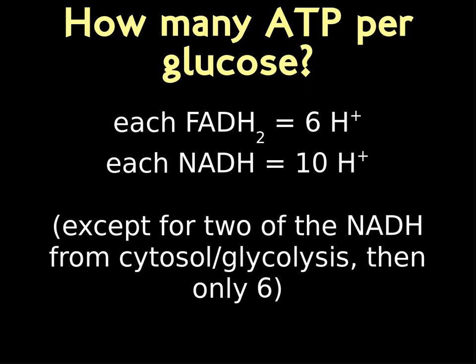Where is it going to get used? You have to transport it against this concentration gradient from the cytosol into the mitochondria, and that's going to require energy. So some of the energy that you would otherwise get from this NADH is invested in just getting it into the mitochondria itself. This is accounting for both the energy that you're using to get it in and what it makes, and so yes, it's only 6 for that NADH.